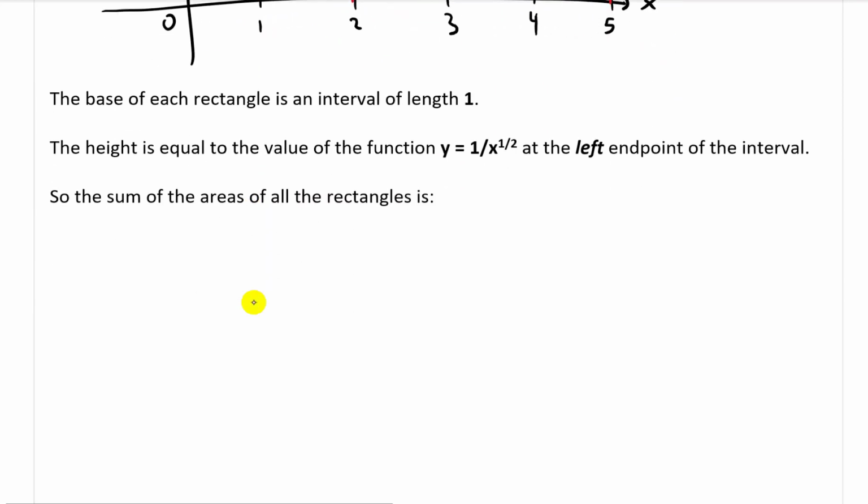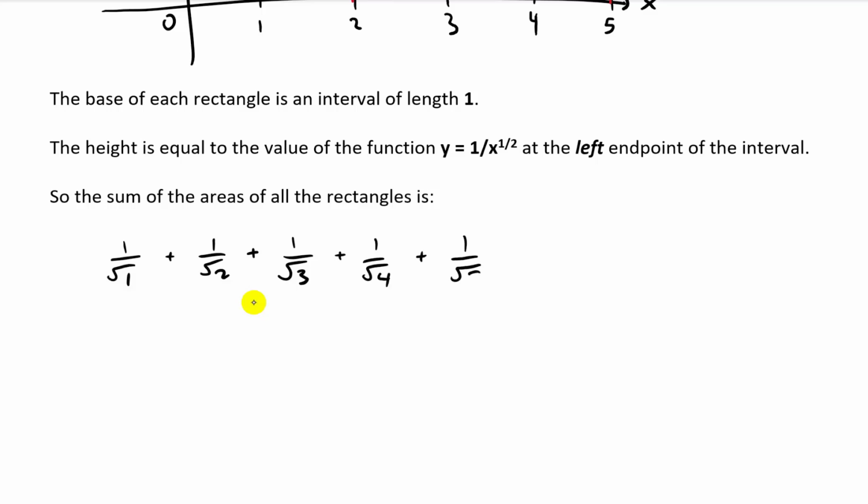So it's going to be 1 over square root 1 plus 1 over square root 2 plus 1 over square root 3 plus 1 over square root 4 and so on, 1 over square root 5 plus dot dot dot. This equals a summation, n equals 1 up to infinity, of 1 over square root n.